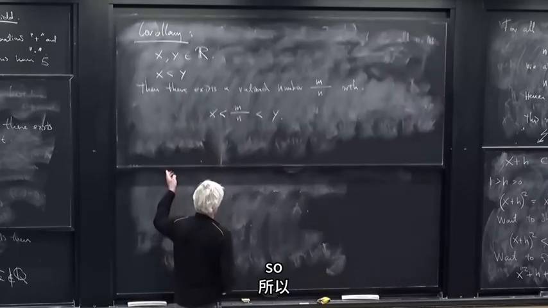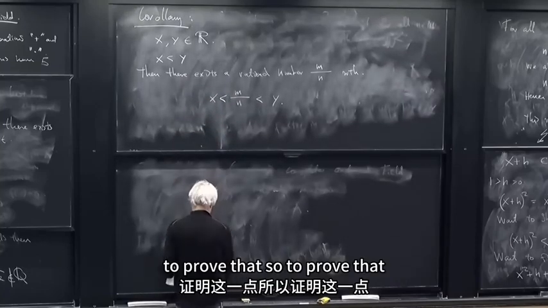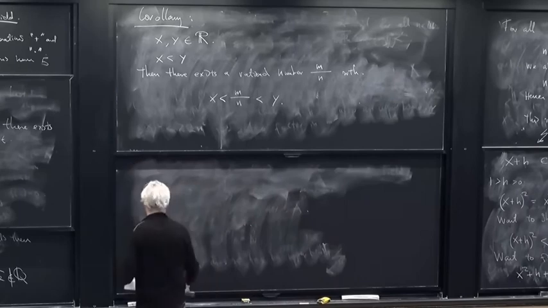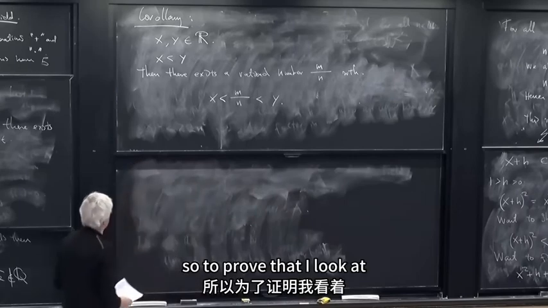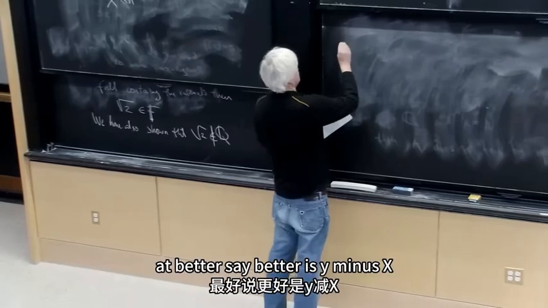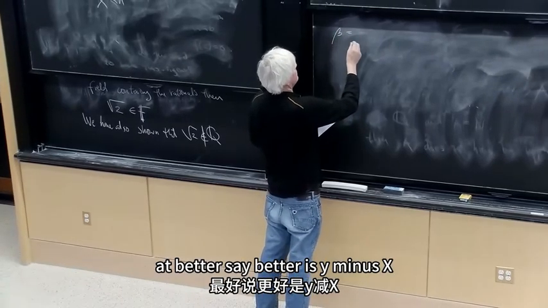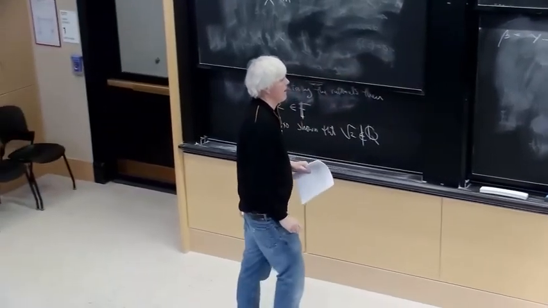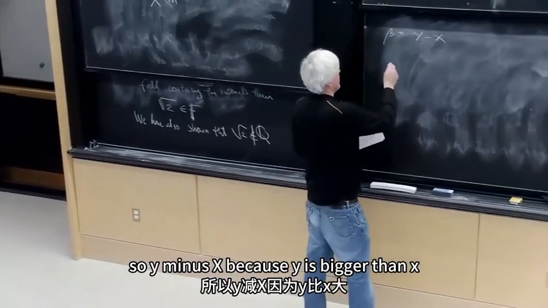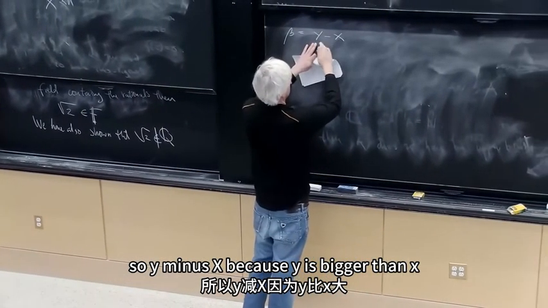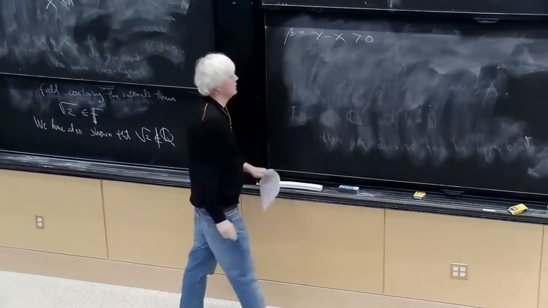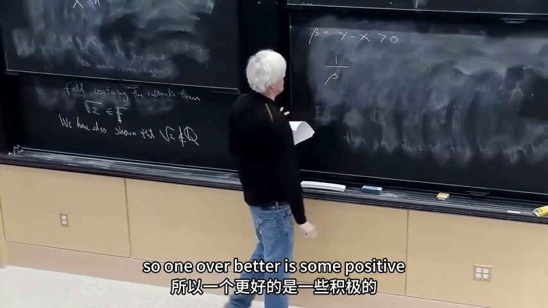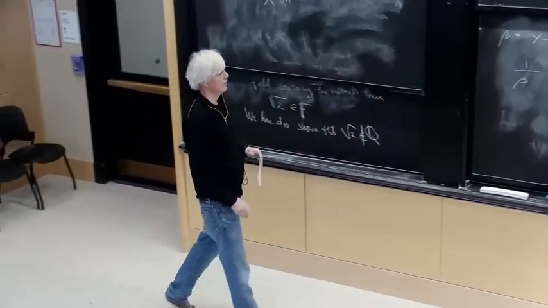And so to prove that, I look at beta, say beta is y minus x. Because y is bigger than x, this is positive. And I can now look at 1 over beta, which is some positive real number.